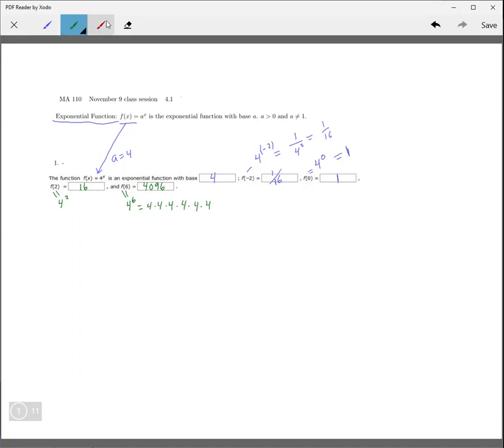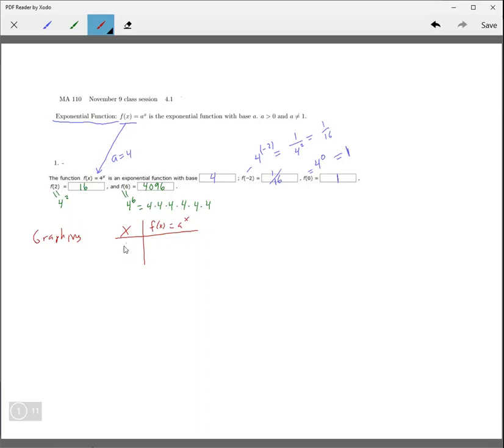Now as far as graphing, let me just briefly explain graphing, and then we'll get to some of it. I'm going to make a little chart right here, x and f of x equals a to the x.